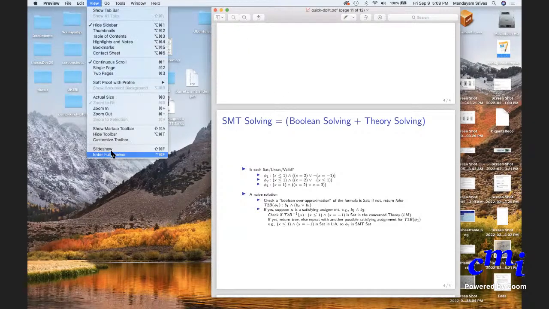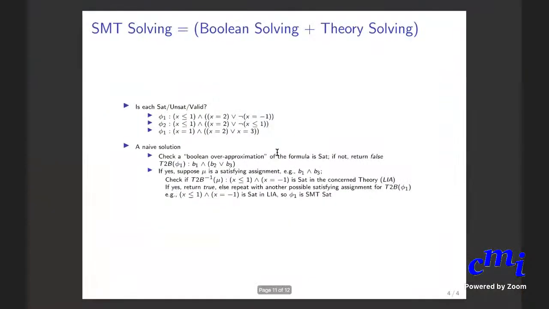There's a typo here. I meant the negation not to be there in phi 1. Assume that negation is not there, in which case that is indeed, in either case, satisfiable, as was pointed out.